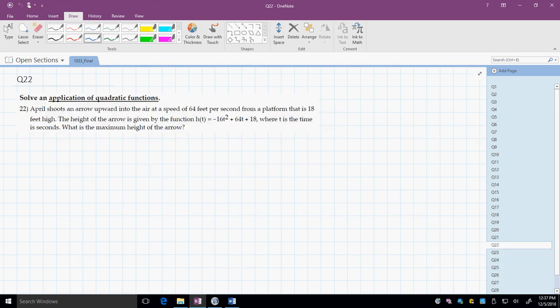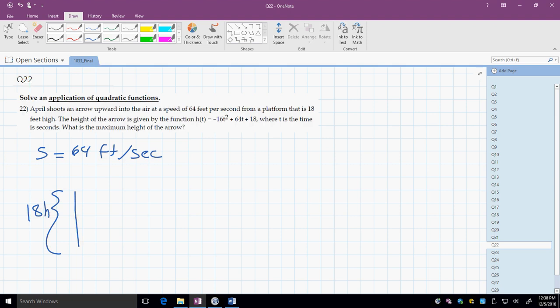We can go to question 22. It's an application of the quadratic function. April shoots an arrow upward at a speed of 64 feet per second from a platform that is 18 feet high.